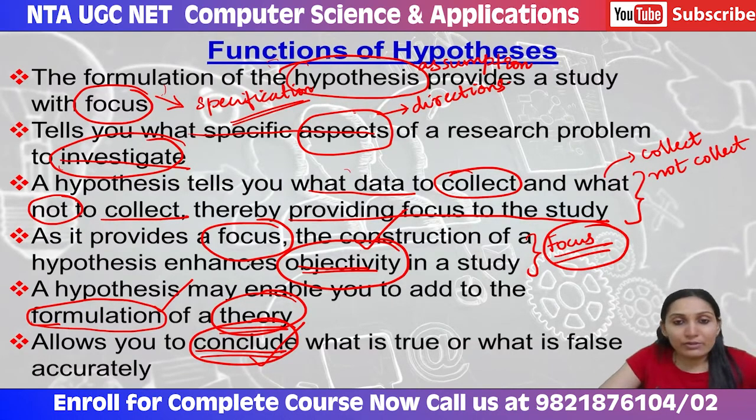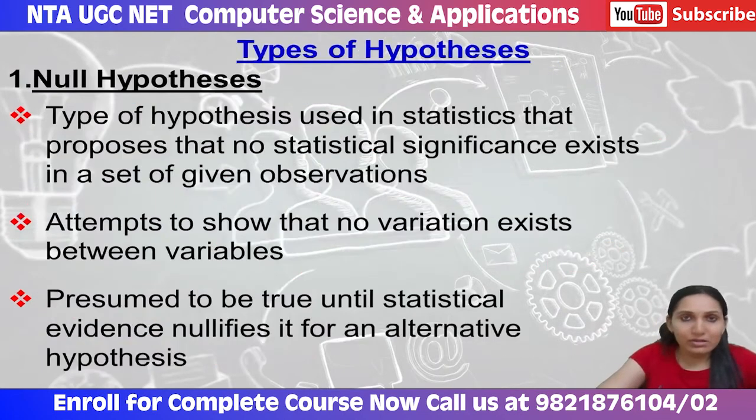So it allows you to conclude what is true or what is false. That is what null hypothesis and alternative hypothesis is all about. So what is true and what is false. So any doubts?